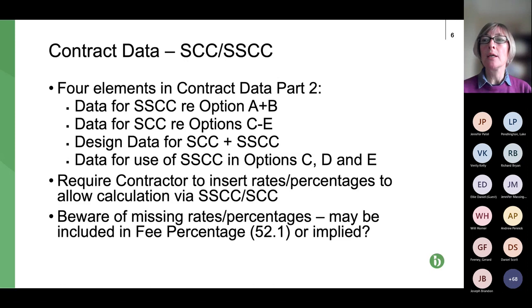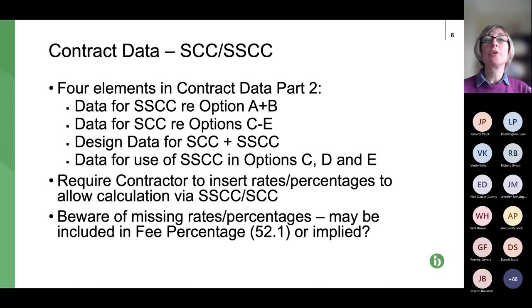In a subcontract, it's the contractor who completes it, and then we have the contract data part 2 completed by the party carrying out the work. So the clue is there. Hopefully you'll realise immediately that if it's been completed by the party carrying out the work, it will predominantly include payment information, and that is absolutely the case.